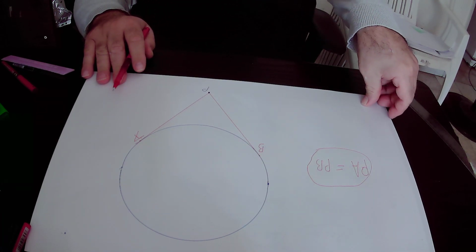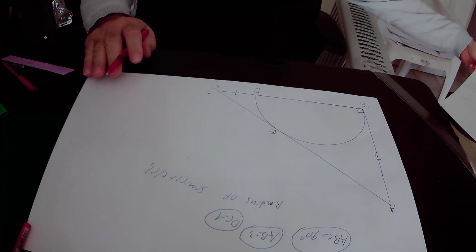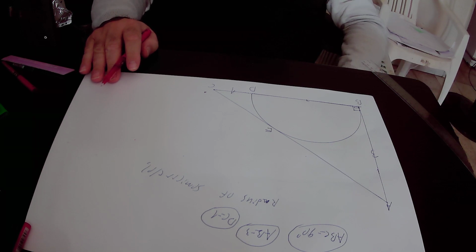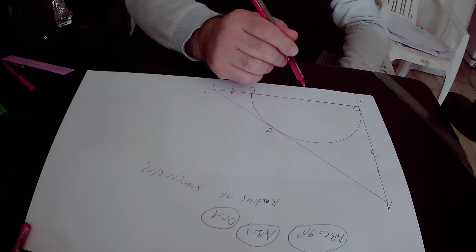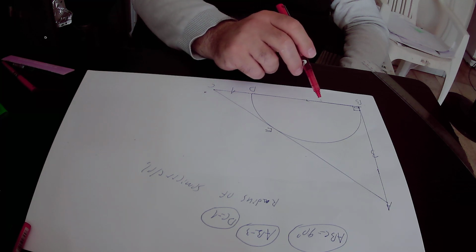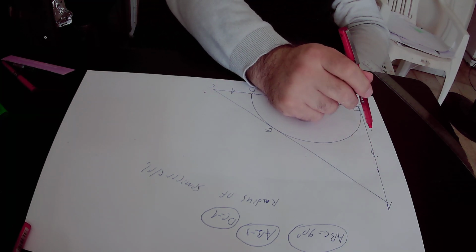And we actually can apply rule number 1 in our drawing, because in our drawing we have point A. Point A is an external point to this semicircle, and from point A we have two tangents to this circle.